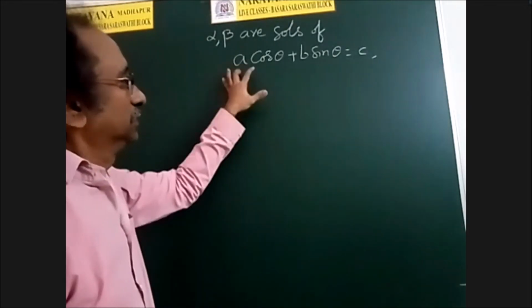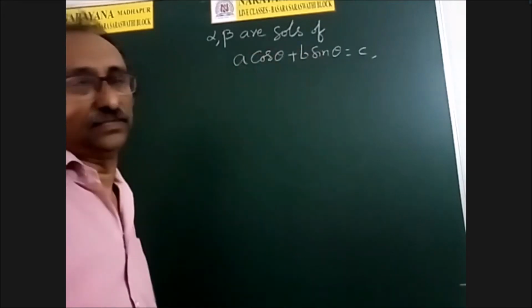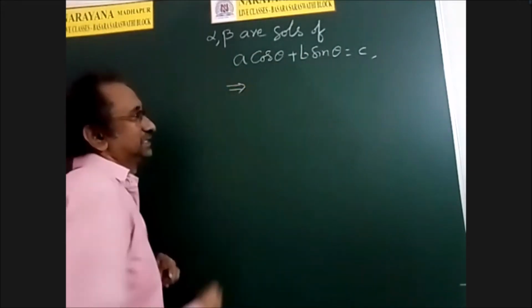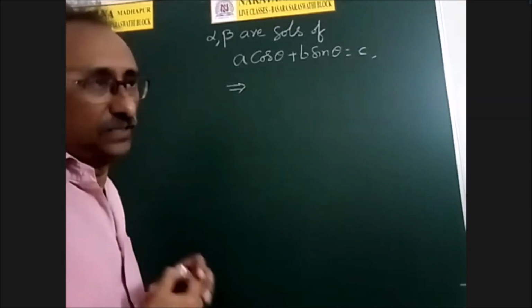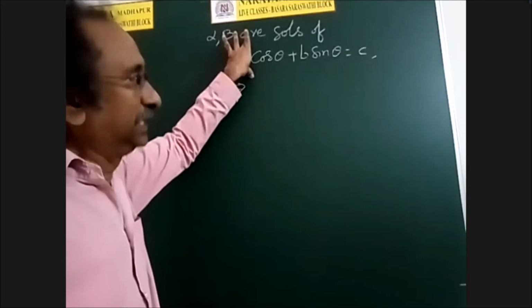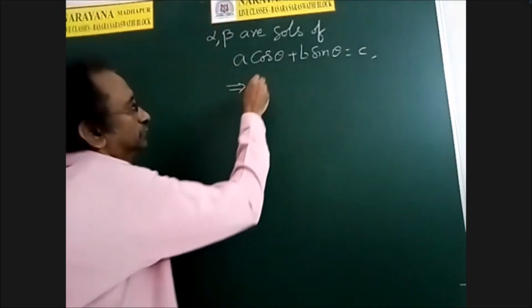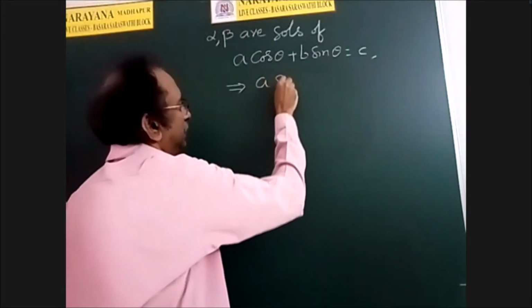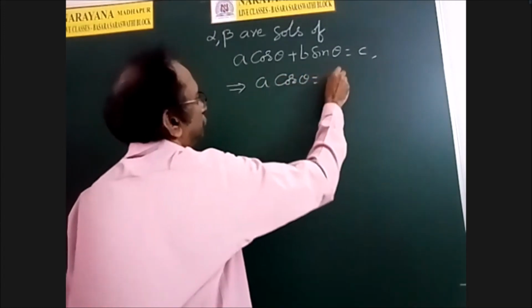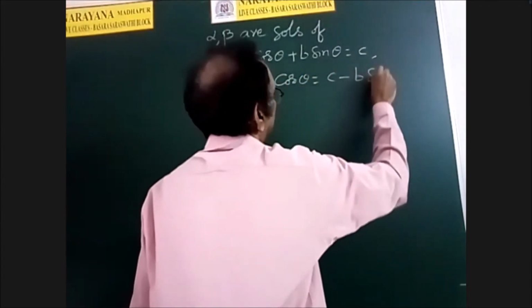So see, A cos theta plus B sin theta is equal to C. So first of all, I want to get sin theta 1 plus sin theta 2 like that. For that, we are going to convert this in terms of sin. Therefore, I am writing like this. A cos theta is equal to C minus B sin theta.